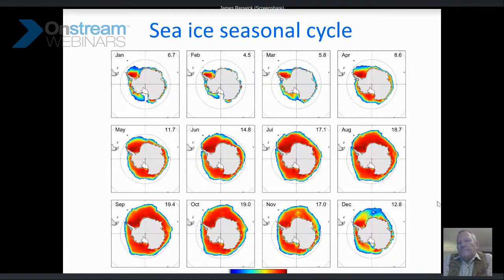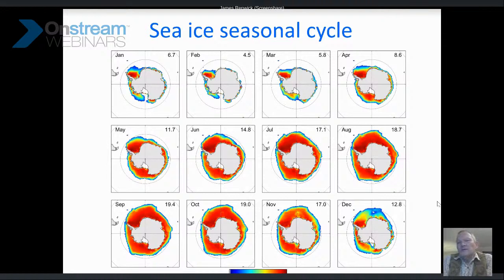extent by month. If you look at September, which is the month of the peak sea ice extent, where we've got over 19 million square kilometres of sea ice, so a factor of nearly 5 greater than the minimum in February, there are some interesting bumps and kinks in the distribution.